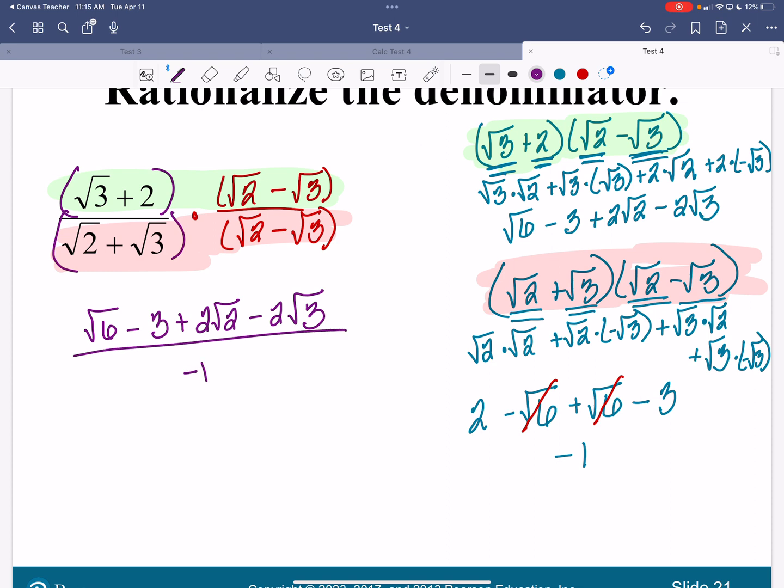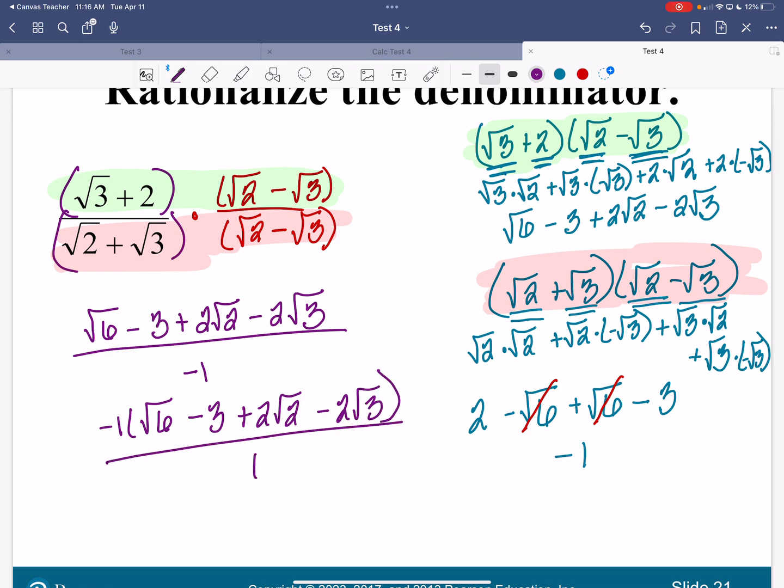Okay, I can move that negative 1 to the numerator, but what do I have to do? I must distribute it. So I've got to give that negative to everything in the numerator. Okay, got to give it to everything. So that's going to be negative square root of 6 plus 3 minus 2 on the square root of 2 plus 2 on the square root of 3.